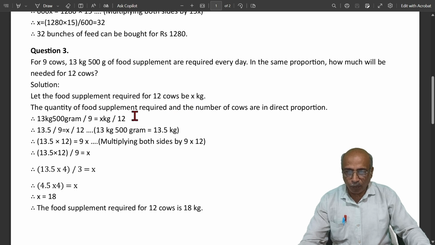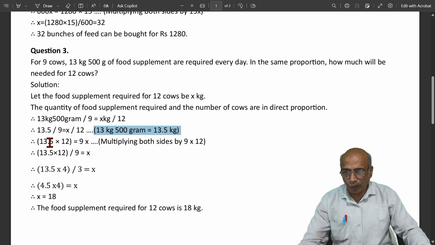The quantity of food supplement required and the number of cows are in direct proportion. So it is 13 kg and 500 grams for 9 cows equals x kg for 12 cows. So here 13 kg 500 grams equals 13.5 kg. Very clear?